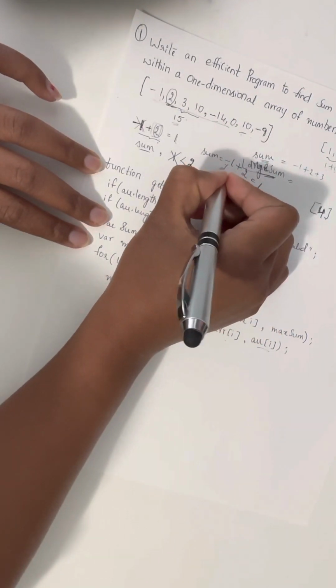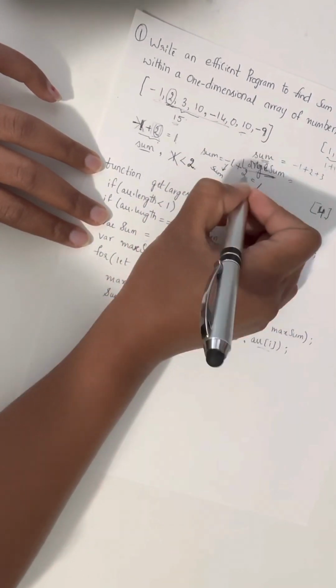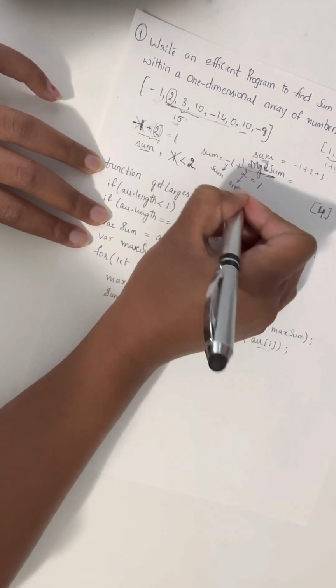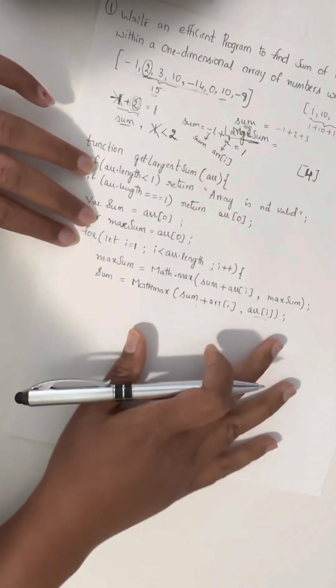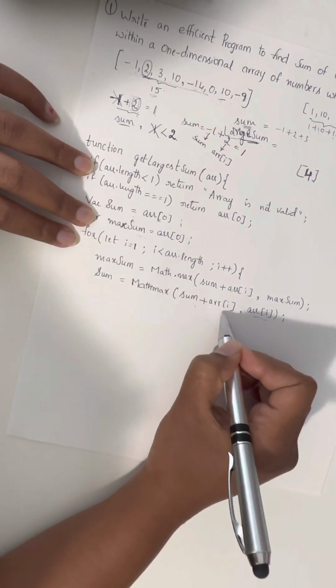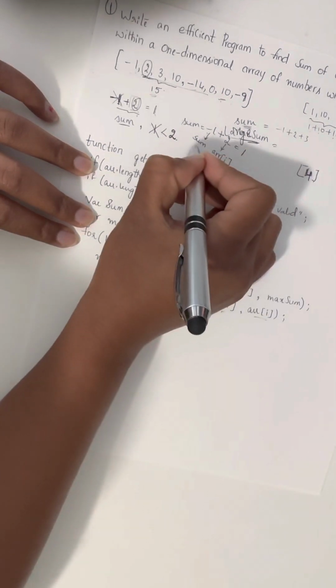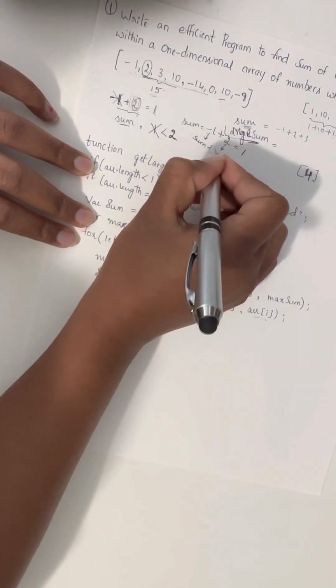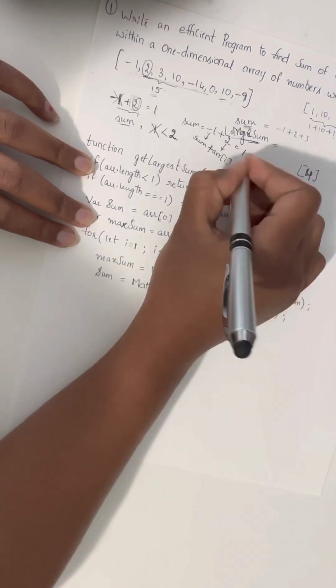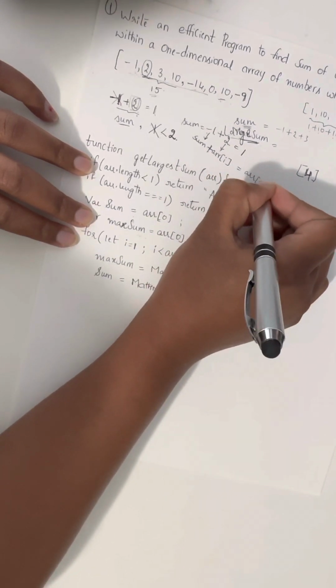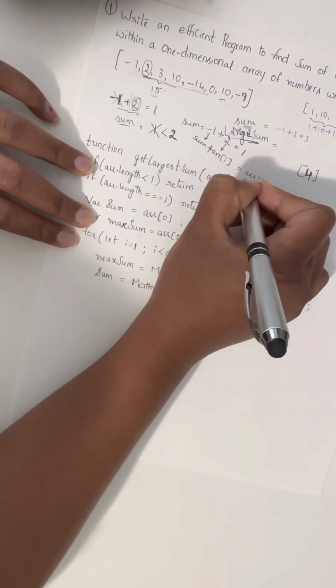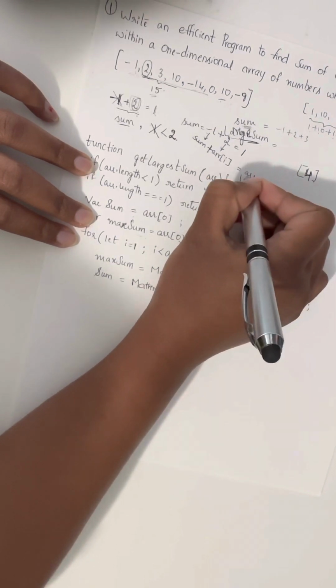What we are comparing here is this one. This is the sum plus this is array of I. So we are comparing the sum of these two with array of I, which is 2 here.